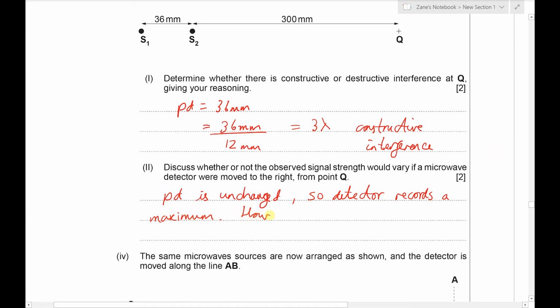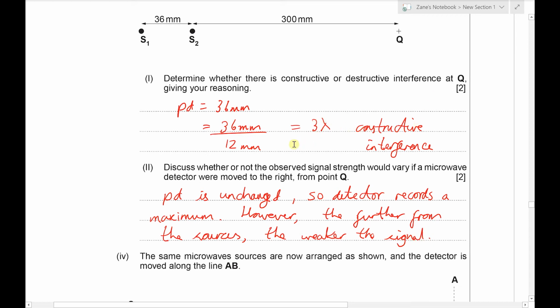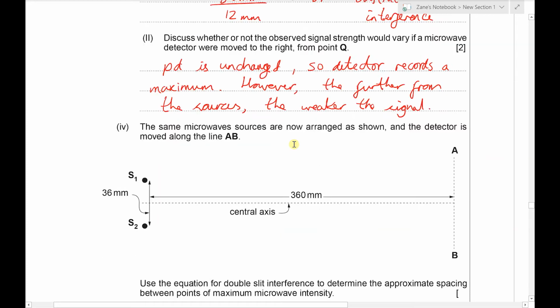However, the further we get away from the sources, the weaker the signal will be. And that's simply because as the waves spread out in space, they're spreading out over larger and larger areas and becoming less and less intense.